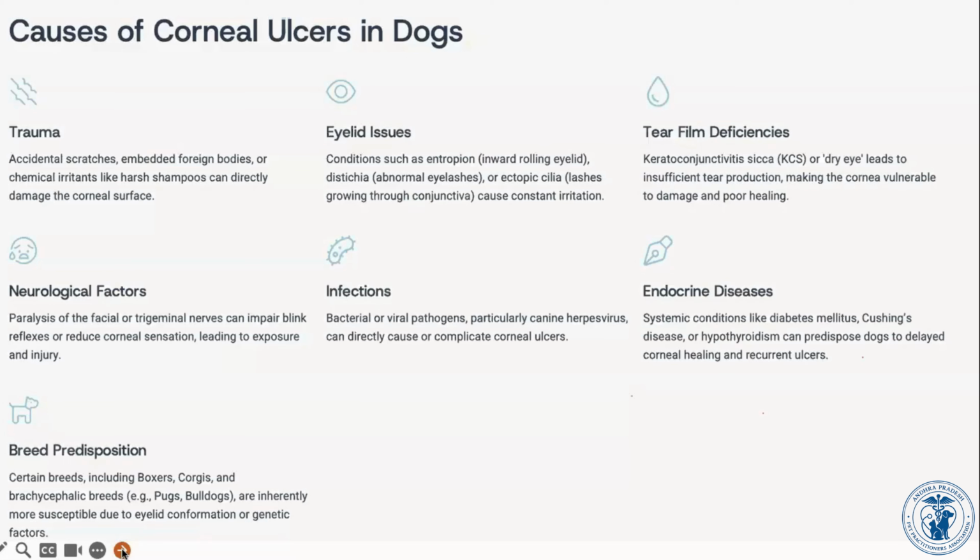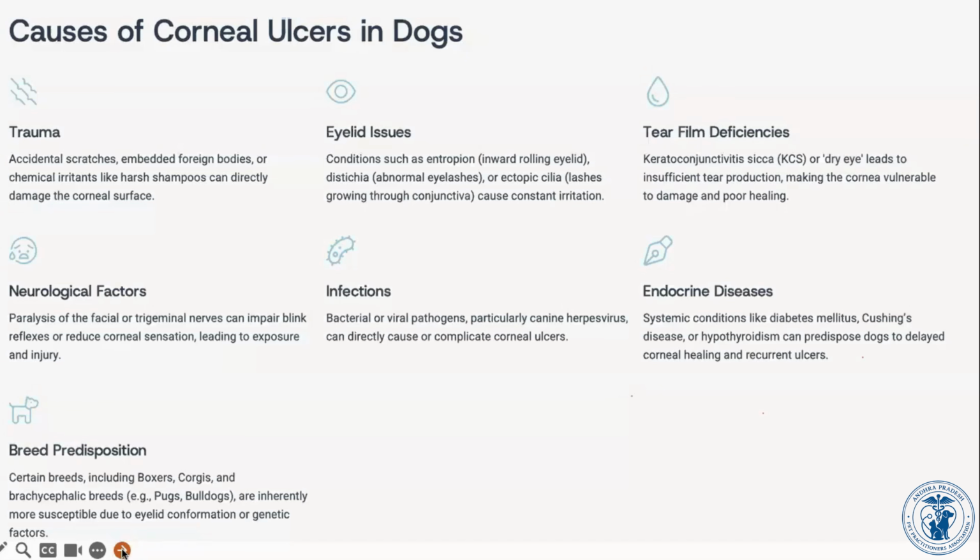Sometimes it is entropion or medial entropion, trichiasis, or ectopic cilia, which create constant irritation and lead to ulcers. Sometimes even in dry eye cases, there'll be more dryness on the center part of the cornea that will lead to exposure keratitis, further leading to ulcer.